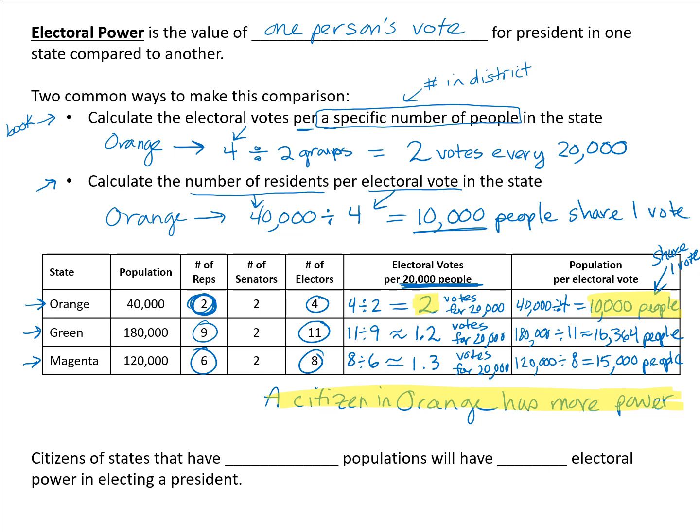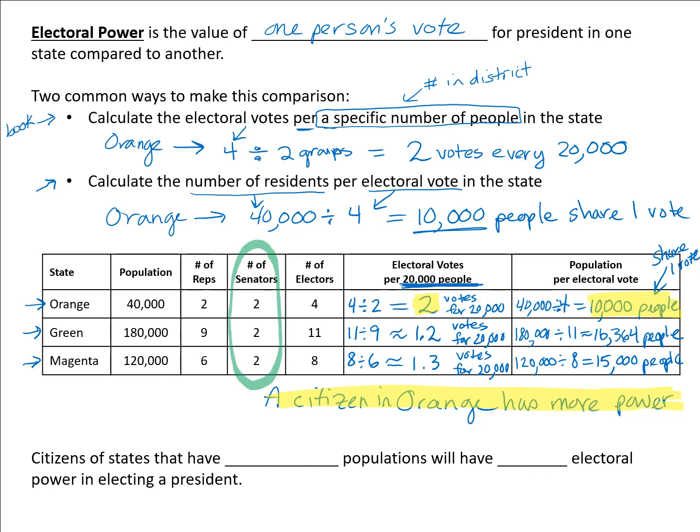Now, why is this? Why does a citizen in the state of Orange have more power? Well, sometimes people think it's about the representatives, but it actually has to do with the one thing that all of these states have in common, which is the senators.